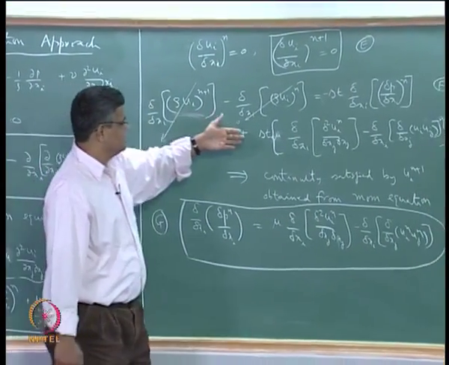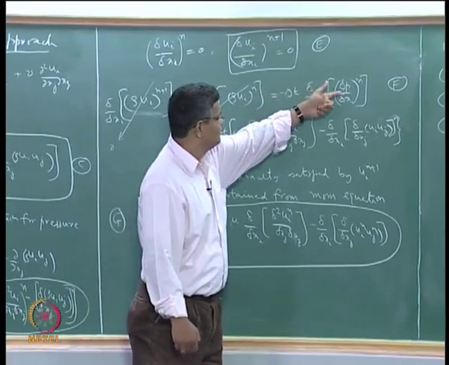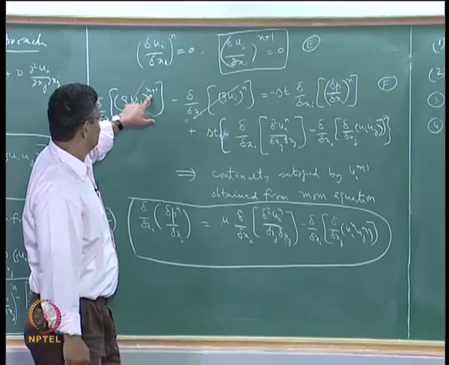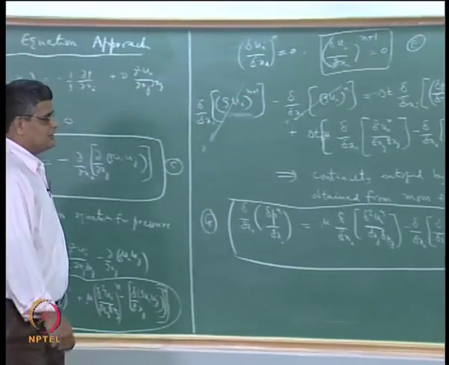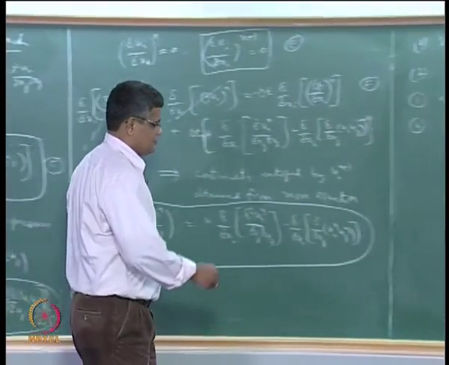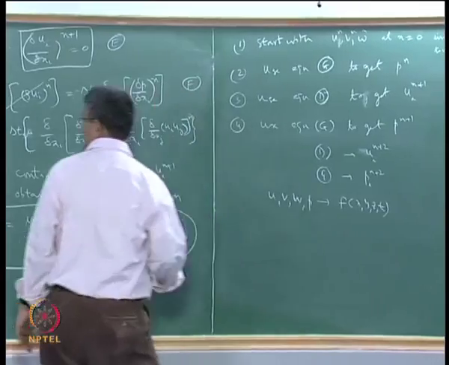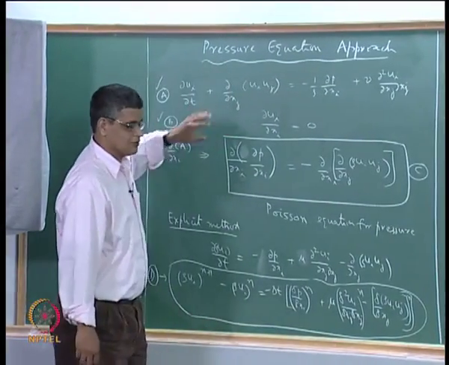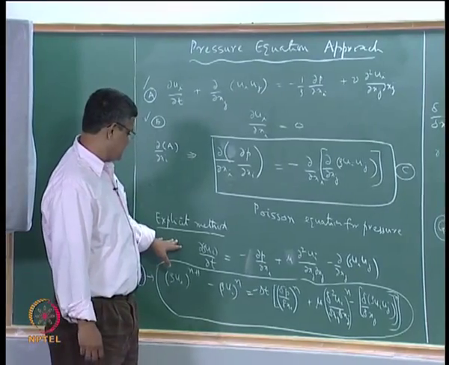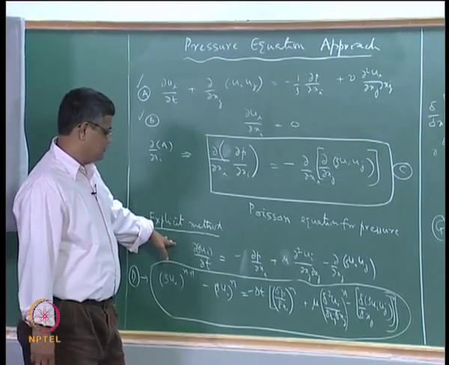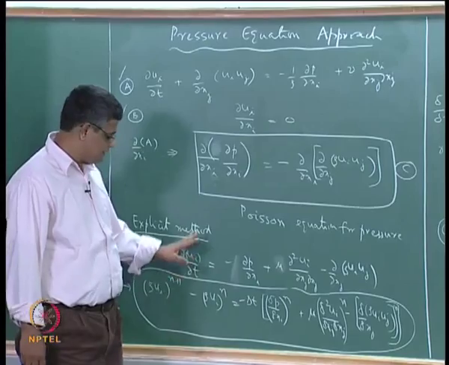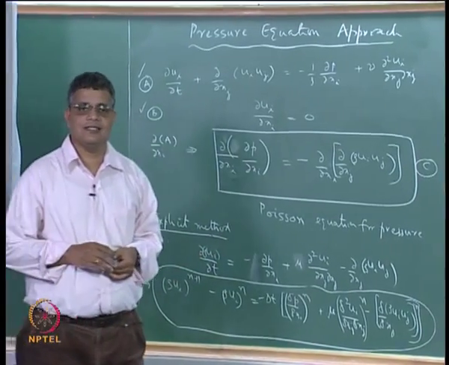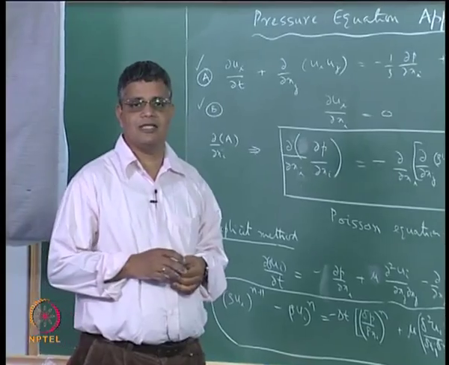Okay, so we have evaluated the pressure in such a way that the continuity equation is satisfied for the velocity field at n plus 1. So this is a pressure equation approach, a pressure equation method for the solution of the Navier-Stokes equations. We have looked at an explicit method, and an explicit method, especially for coupled equations, is obviously restricted to very small time steps.